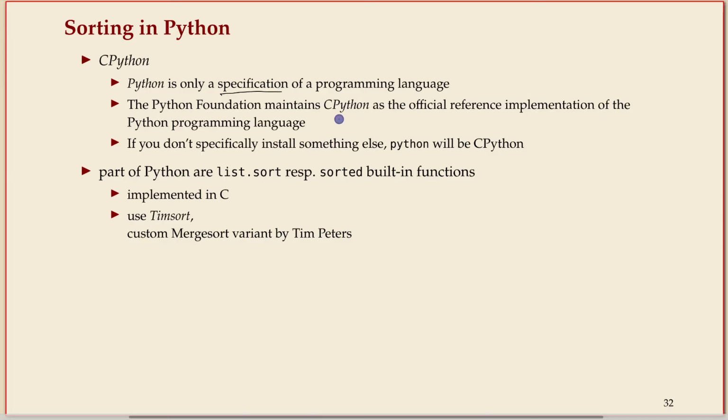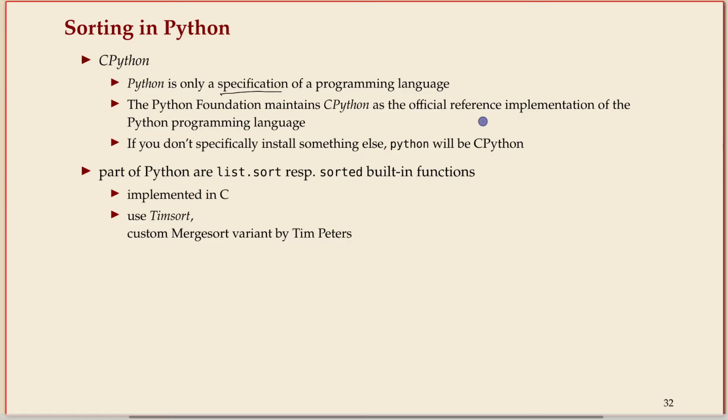Instead, the correct term would be CPython, which is the reference implementation of the Python programming language. And it's called CPython because it's written in C. But that's all. If you install Python, that's usually the implementation you get. But there are others available. It's not the only one in existence.